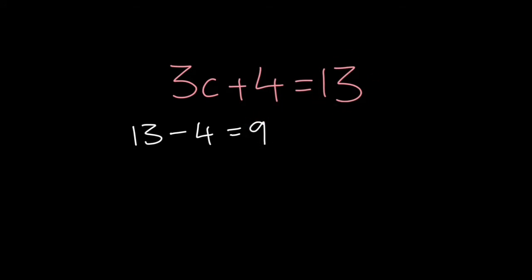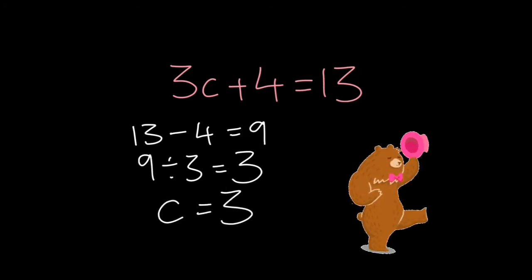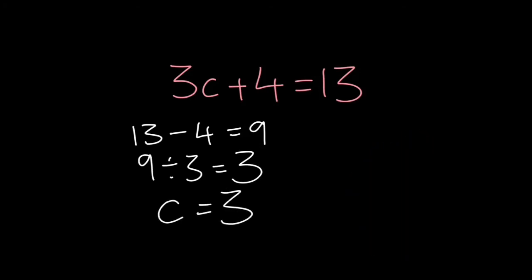So we started with 13. We subtracted the 4 because we're doing an inverse, and we were left with 3c. So what we'll do here is 9 divided by 3, which equals 3. So c equals 3. So we looked at bar model, we looked at inverse. Let's try some more.